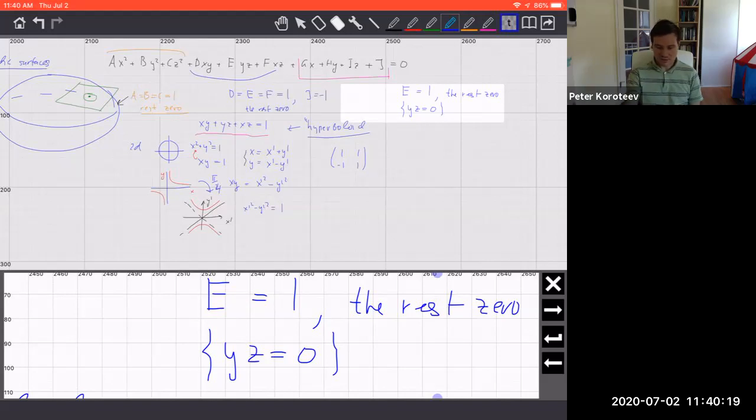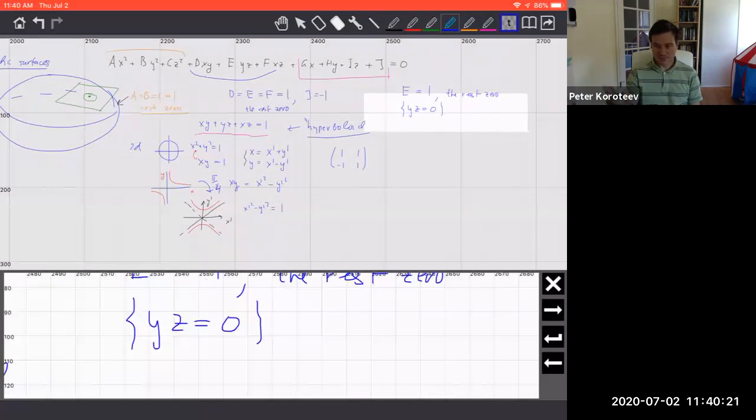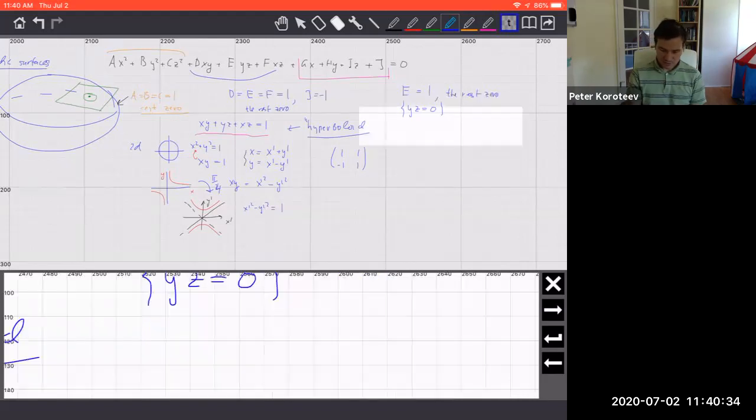So the way to see it is, okay, let's wait for more answers to come in. Hannah is saying it's y equals 0 and z equals 0, right? Indeed, the product of the numbers vanishes when either of them is 0.